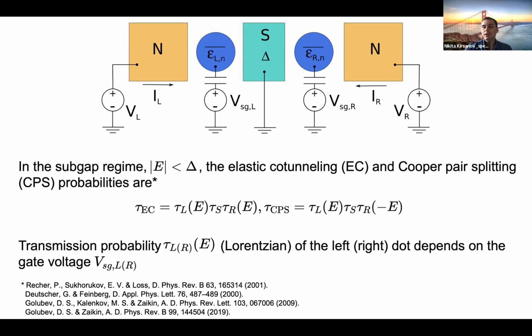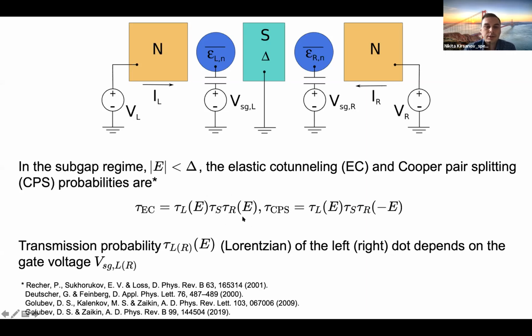Let's assume that we have this kind of NSN device where we also have quantum dots at the NS borders. We will only consider the subgap region, where the energy of the incident particles is smaller than the superconducting gap. In the coherent regime, it can be shown that the probabilities of elastic tunneling and of Cooper pair splitting can be expressed as these simple factors.